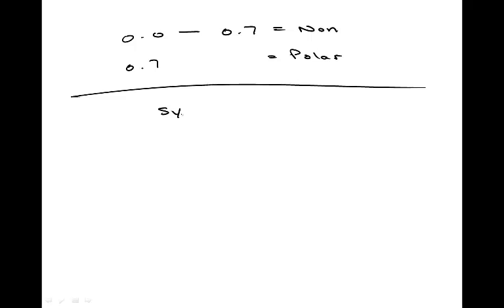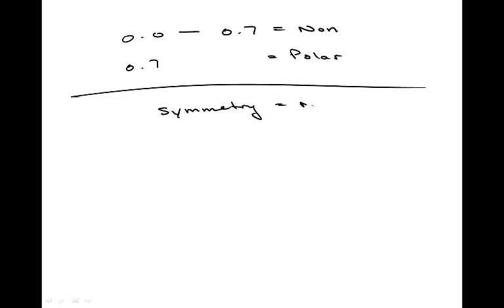So again, just taking a look, from 0.0 to 0.7, we're going to call that nonpolar. Above 0.7 is going to be polar. And then we also have to take into consideration symmetry.